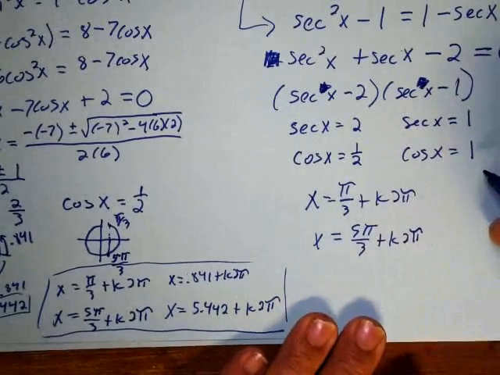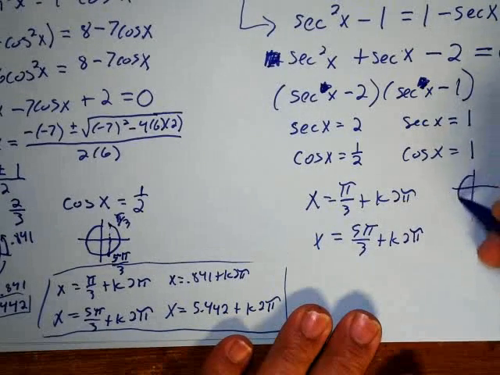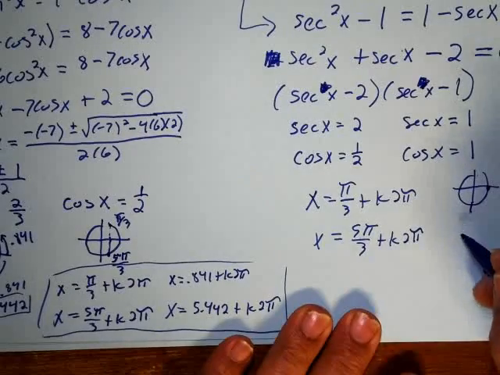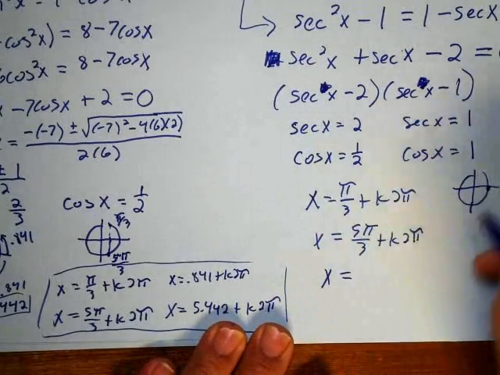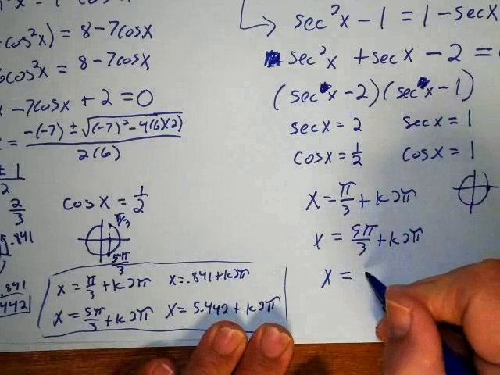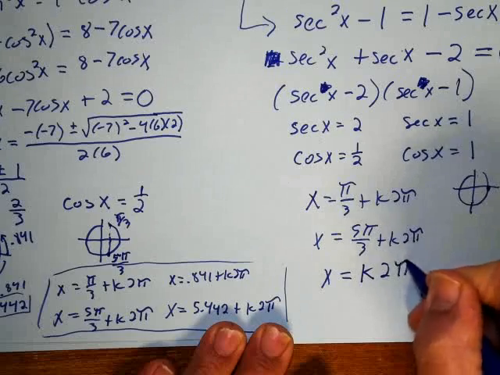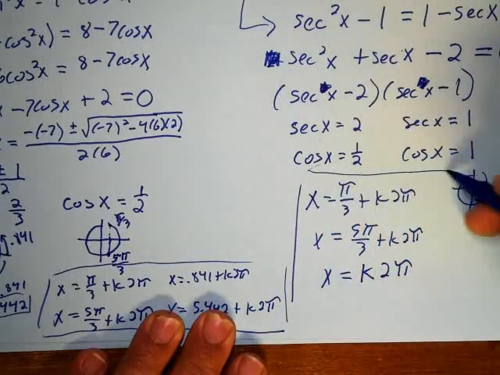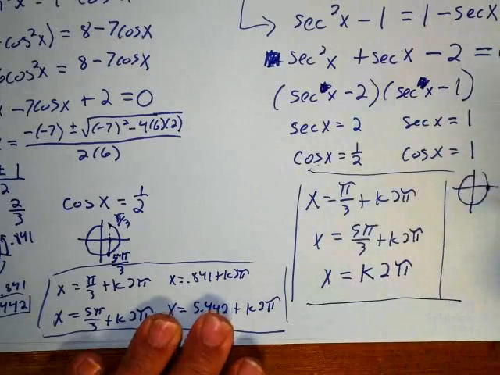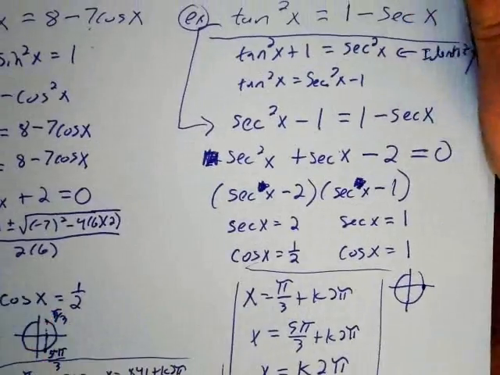And this one, cosine x is equal to 1, occurs right there. And so this would be x is equal to 0 plus k times 2 pi. So I could just write k times 2 pi. Okay, so these would be your solutions for this equation up above.